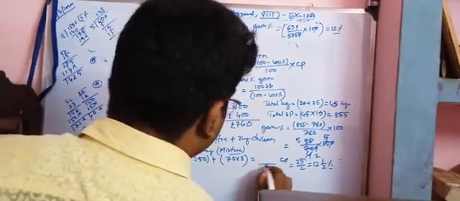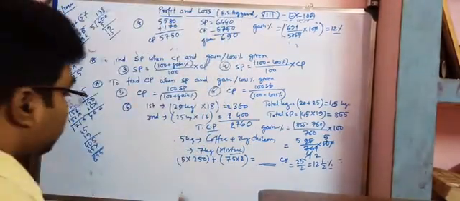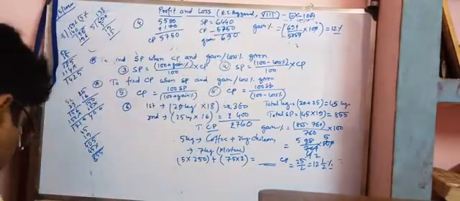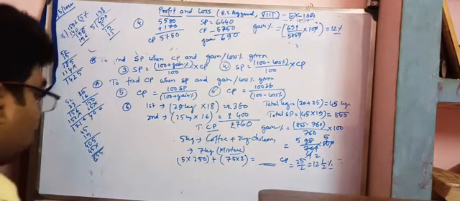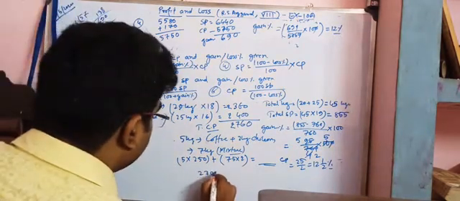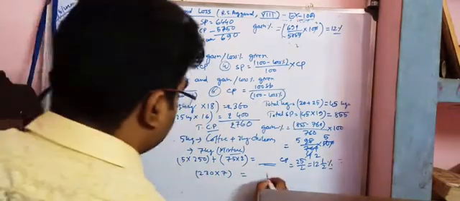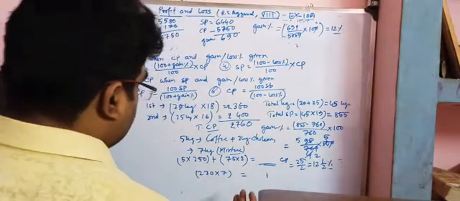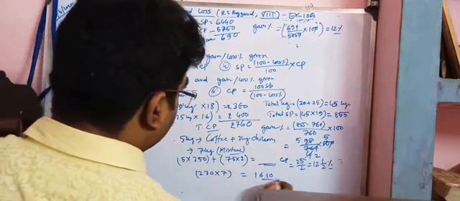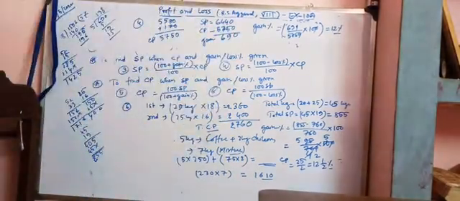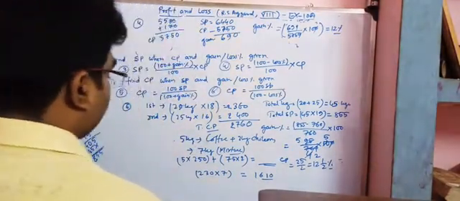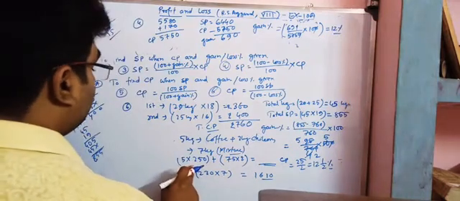And my SP should be 230 into 7, rupees 1610. And now let us calculate this.